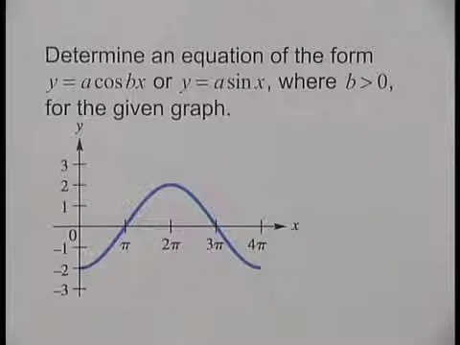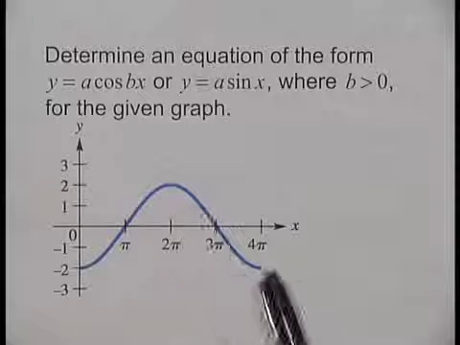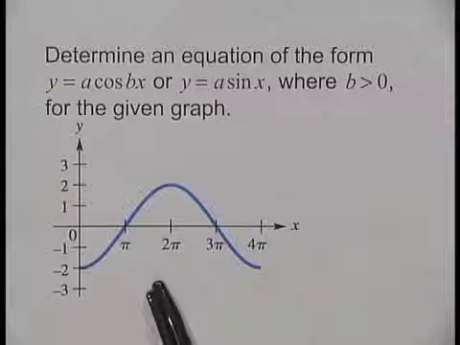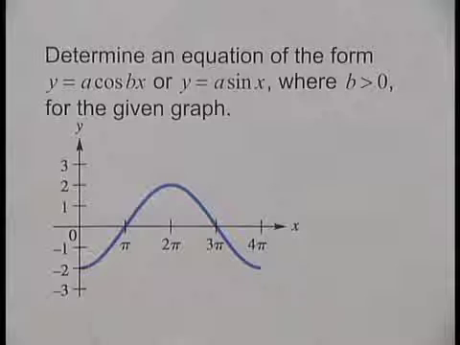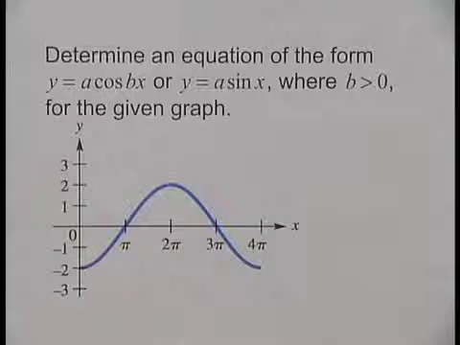Determine an equation of the form y equals a cosine bx or y equals a sine bx, where b is greater than 0 for the given graph. When we look at this graph, we can think of it as that of a cosine function reflected across the horizontal or x-axis.